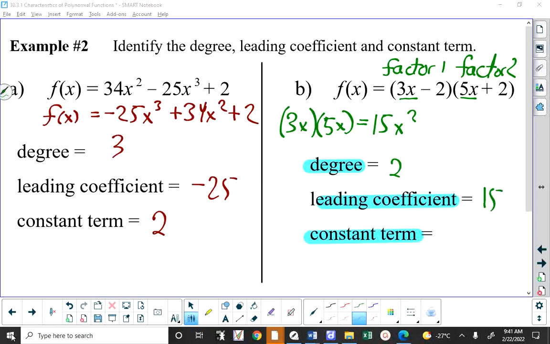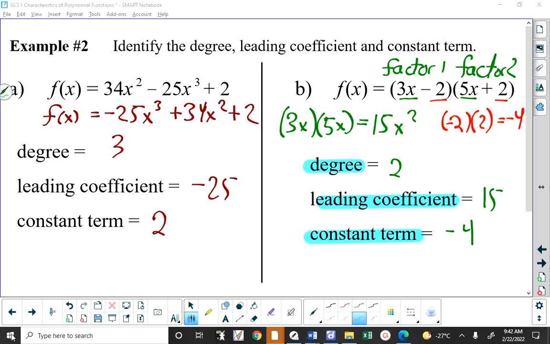If I multiply the constant term in each, then it makes sense that the only way I can get a constant term in the product is to multiply the constant term of all the factors together, which means that the constant term is negative 4. Does that make sense? Does anybody have any questions with that?